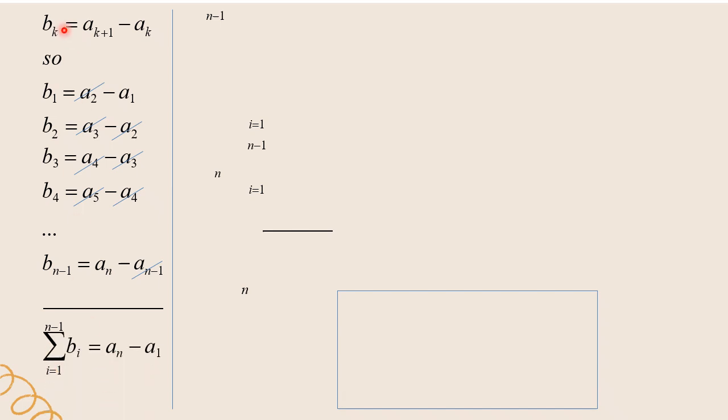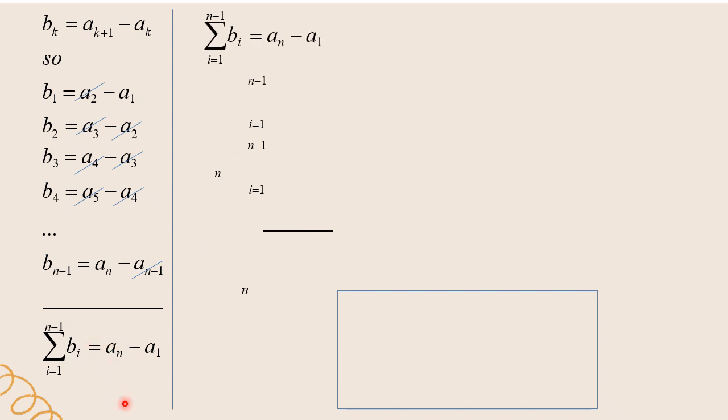So we can sum up here, and we get the sum of b_i, with i from 1 to n minus 1, and it equals what remains, a_n minus a1. So we already found this, right?